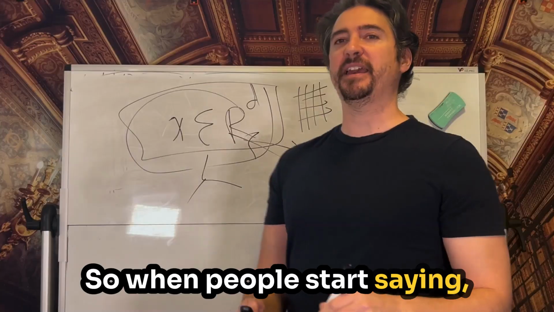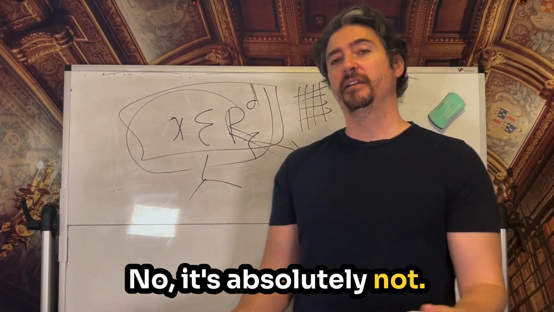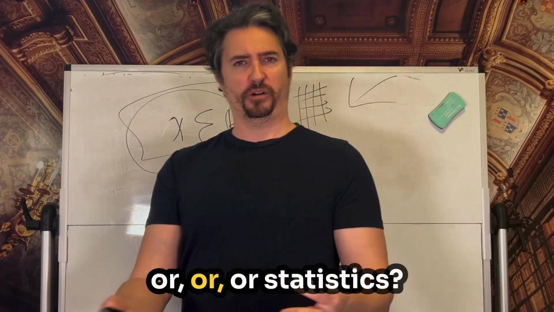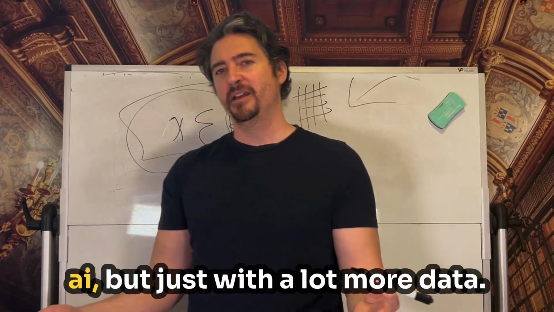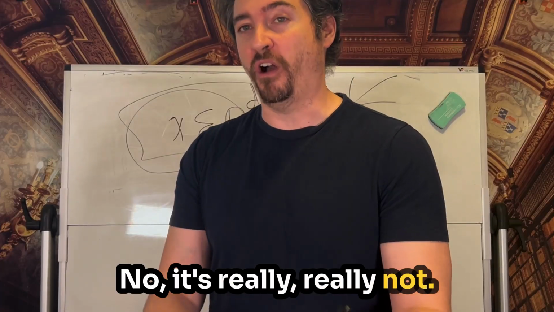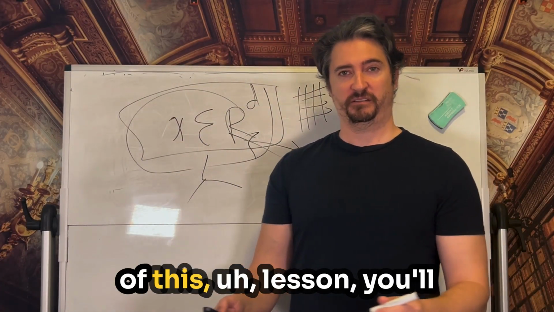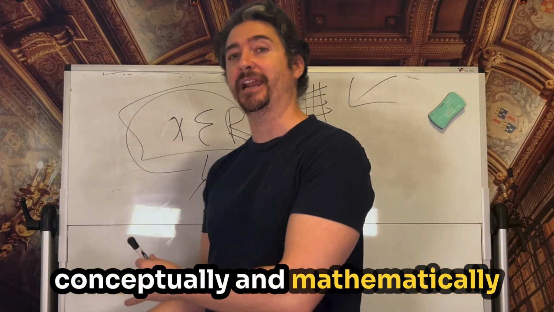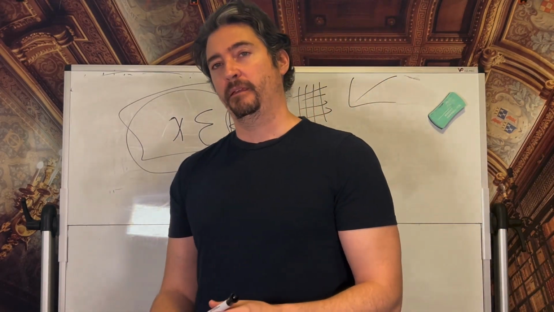So when people ask, isn't it just regression and stacking? No, it's absolutely not. Isn't it just machine learning or statistics? You always hear statistics. Isn't it basically statistics and AI, just with a lot more data? No, it's really, really not. Hopefully by the end of this lesson, you'll understand conceptually and mathematically why.